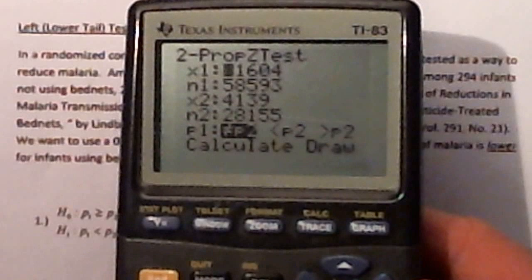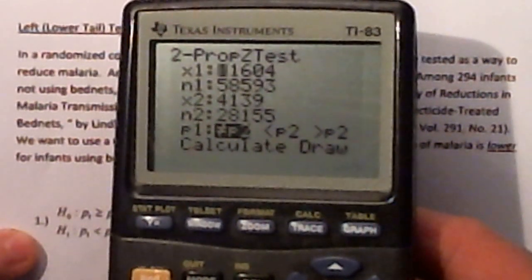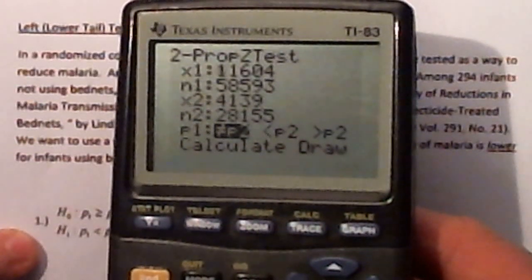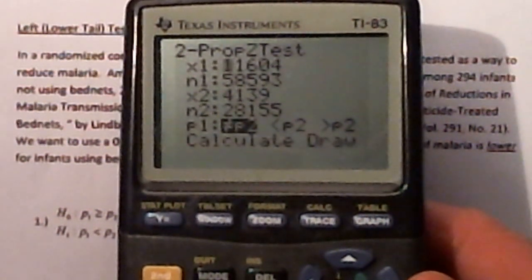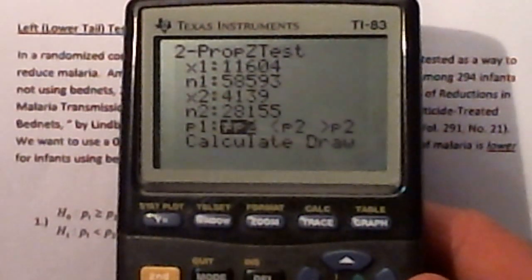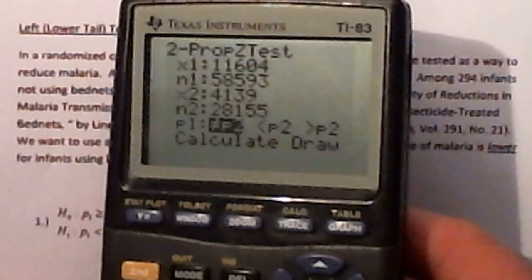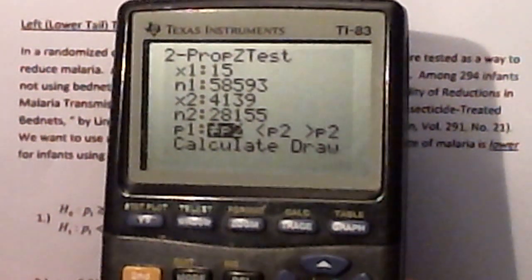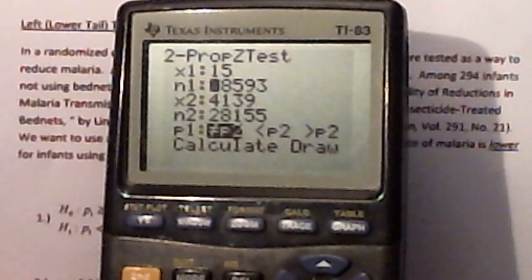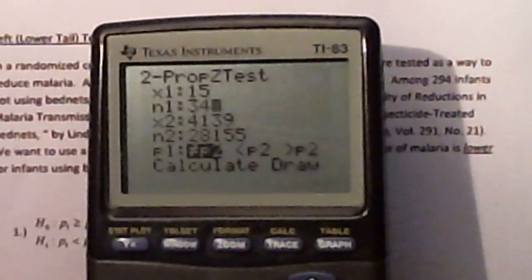Notice we designated population 1 as being the infants that did have bed nets, and population 2 as those that did not have bed nets. So of the 343 infants surveyed that had bed nets, 15 contracted malaria. So x sub 1 is going to be 15, and n sub 1, sample size 1, will be 343.